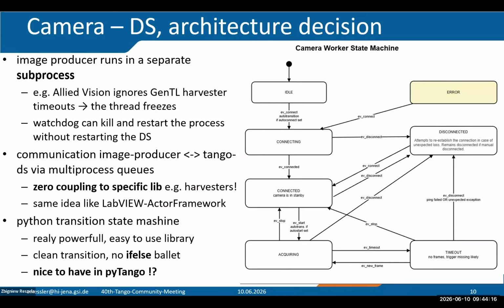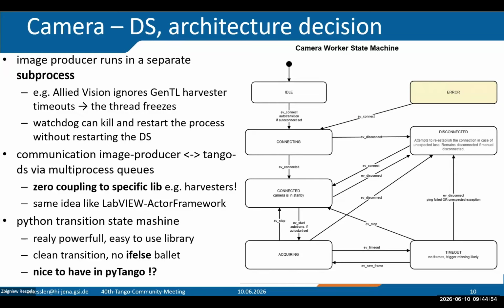What I really love is the Python transitions state machine. It's really easy to use. Imagine you would map this diagram with some kind of if-else. I am quite sure you would not be able to manage all transitions and all cases. With transitions, you can define callback functions for everything, for example for entering the error state, or for a disconnection, or some transition.